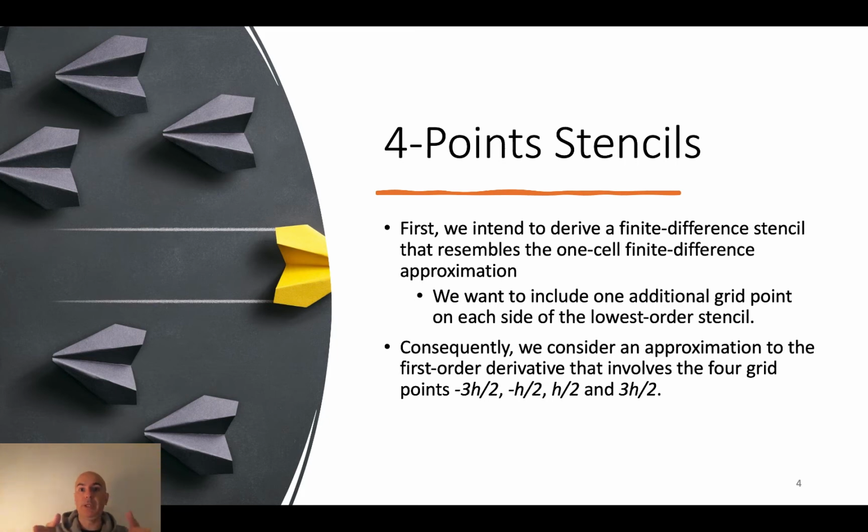So in the case where we have 2 points, we are going to add 2 other points and include them in the calculation of the derivative. For this reason, we will consider an approximation to the first order derivative that involves 4 grid points: minus h half, plus h half, minus 3 over 2h and plus 3 over 2h, for a total of 4 points.